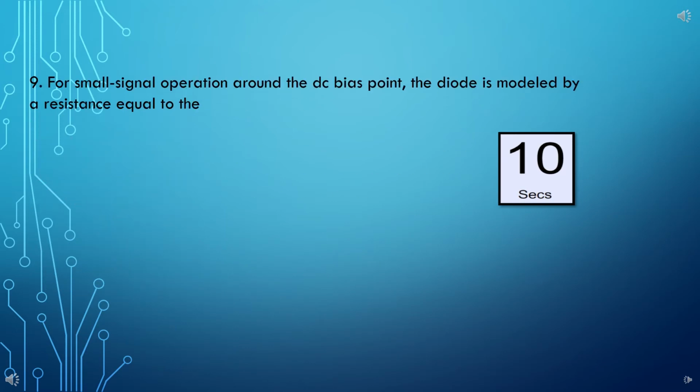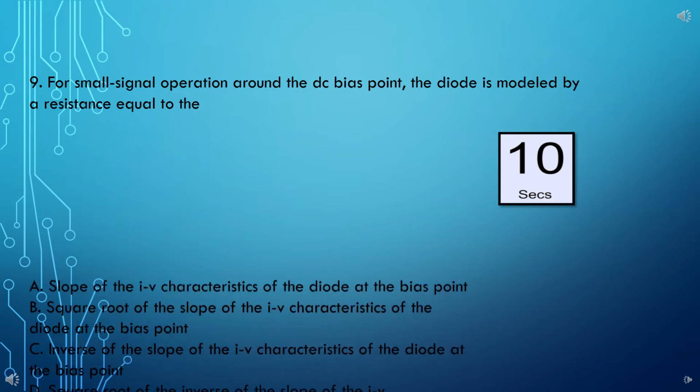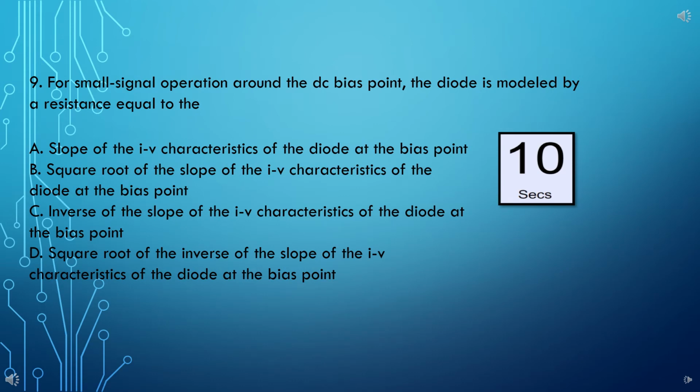For small signal operation around the DC bias point, the diode is modeled by a resistance equal to the: Option A. Slope of the IV characteristics of the diode at the bias point. B. Square root of the slope of the IV characteristics of the diode at the bias point. C. Inverse of the slope of the IV characteristics of the diode at the bias point.